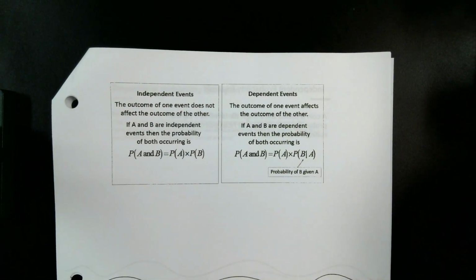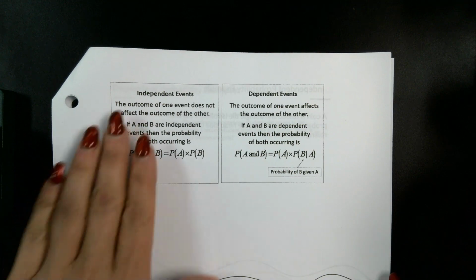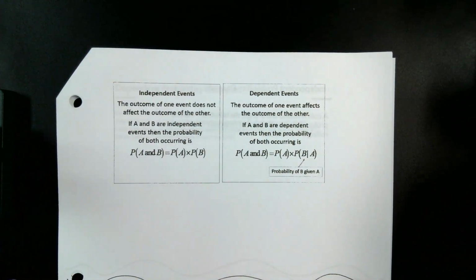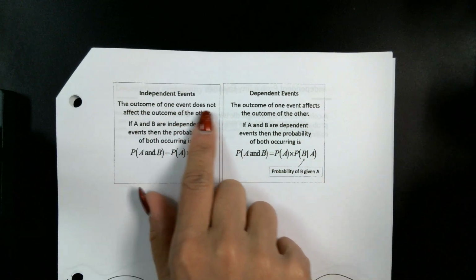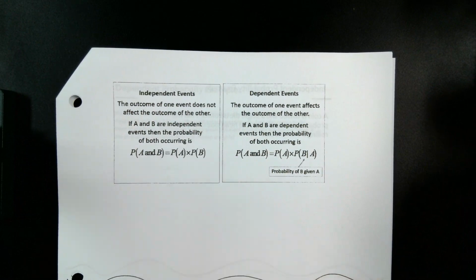Okay, so basically, we're going to have two events occurring, and it says, like, if they're independent, whatever happens with the first choice does not affect what happens the second time around. Okay? If they're dependent on each other, that means that the first choice will affect the outcome of the second choice.